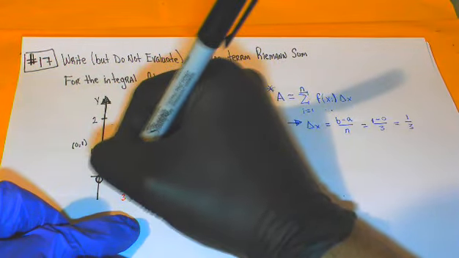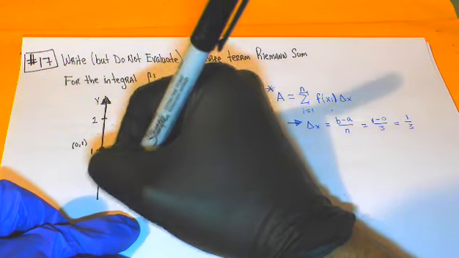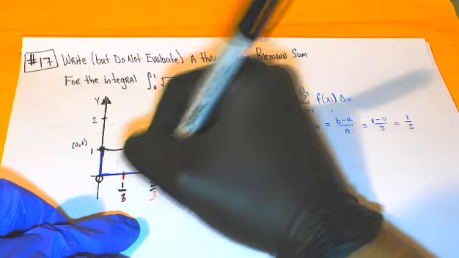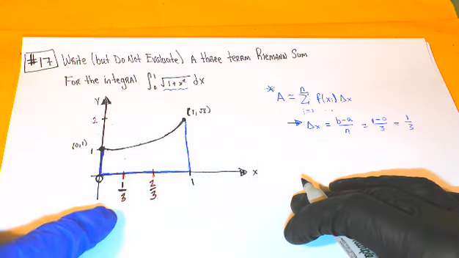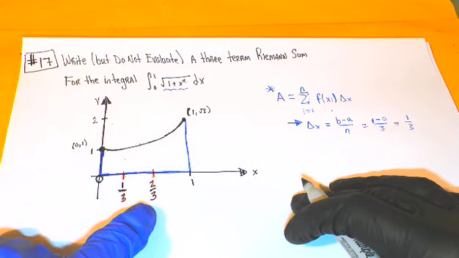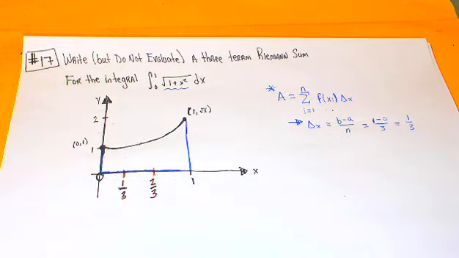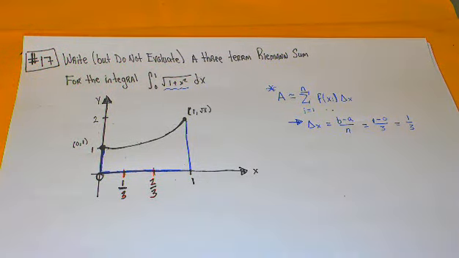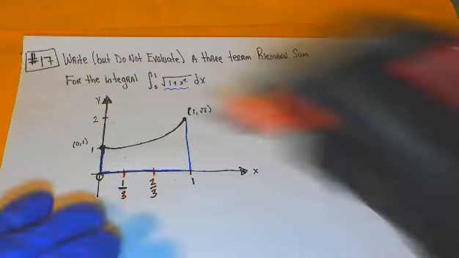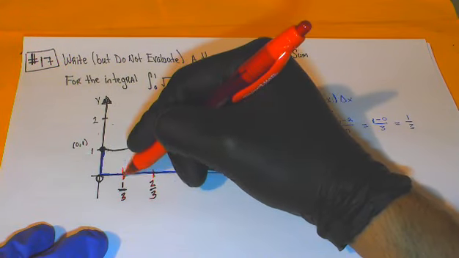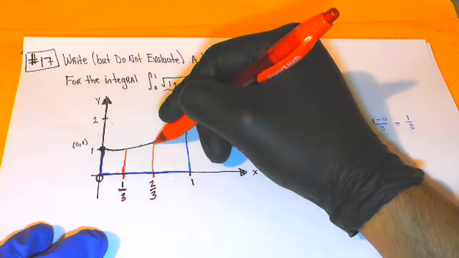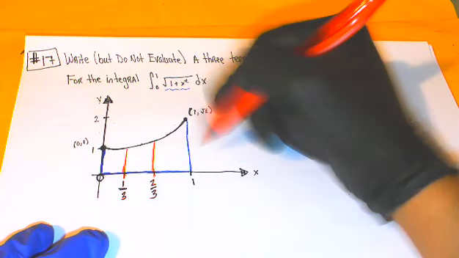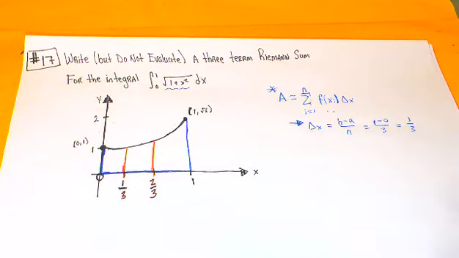It's going to be 1 over 3 and 2 over 3. So 0 to 1/3 is one interval, 1/3 to 2/3 is your second interval, and 2/3 to 1 is your third interval. This region now is going to get sliced into three regions: here's one region, here's the second region, and that will be your third region.